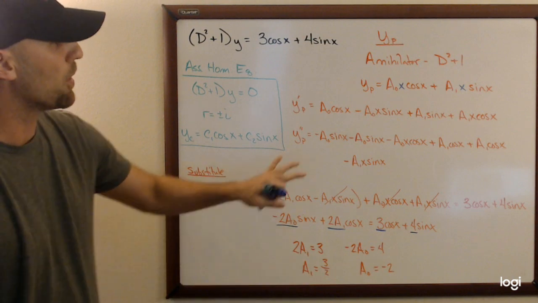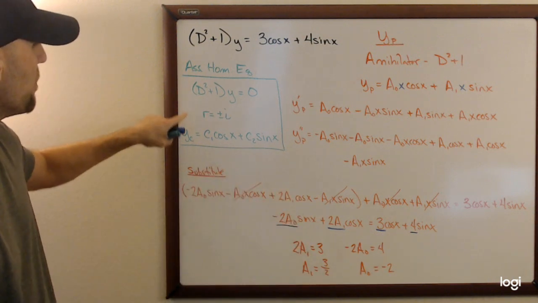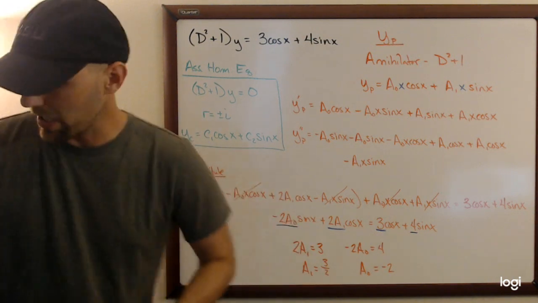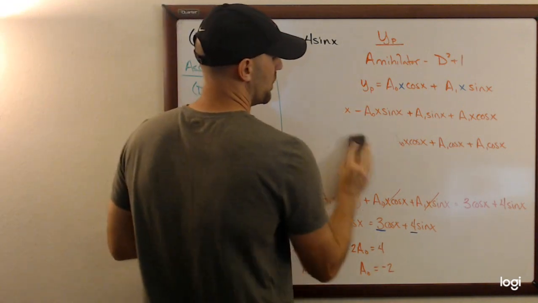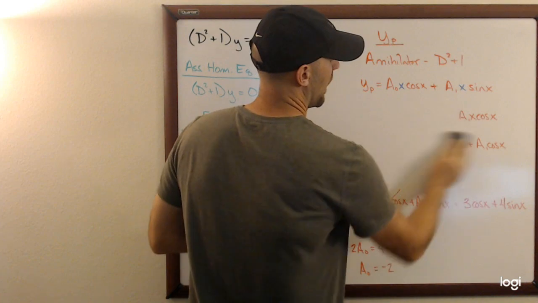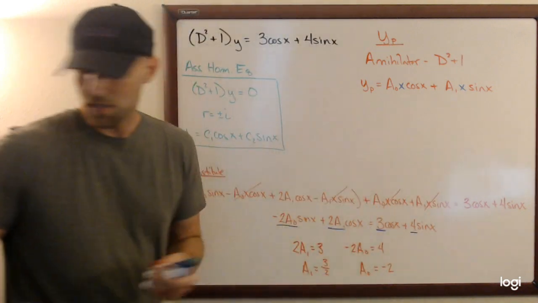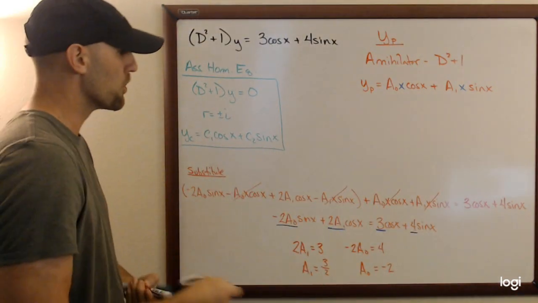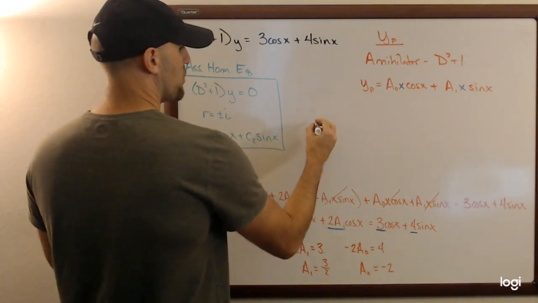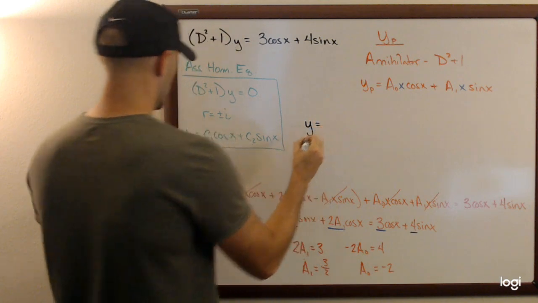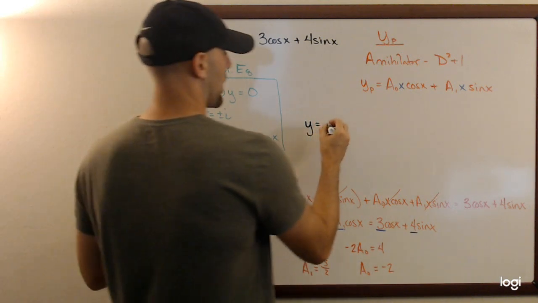And then taking my particular solution and my complementary solution here, we can now write the general solution for my differential equation. So let's see. It's my complementary solution, c1 cosine x plus c2 sine x.